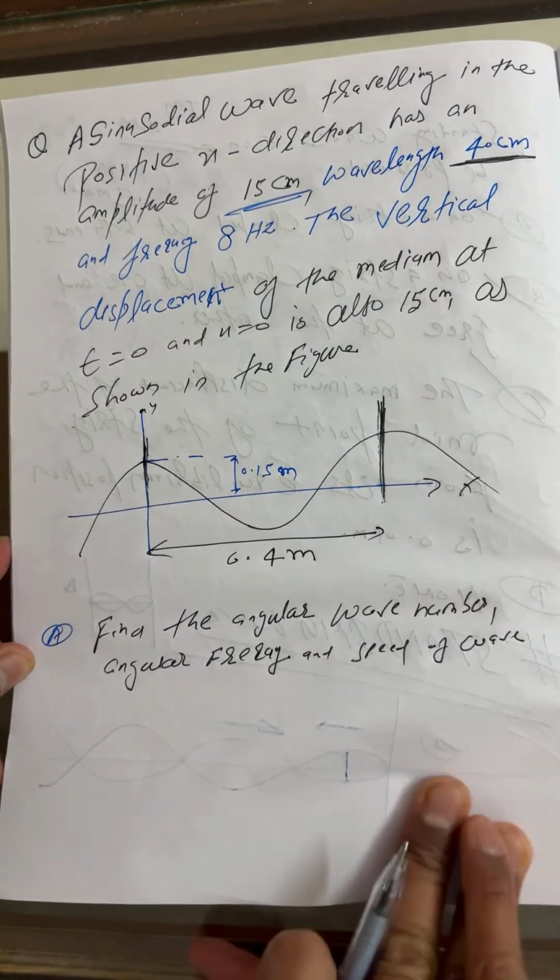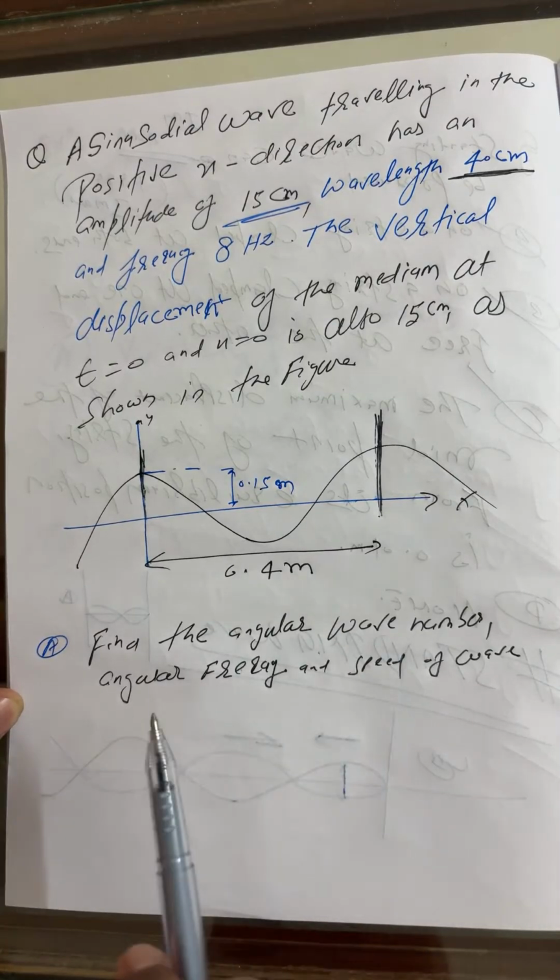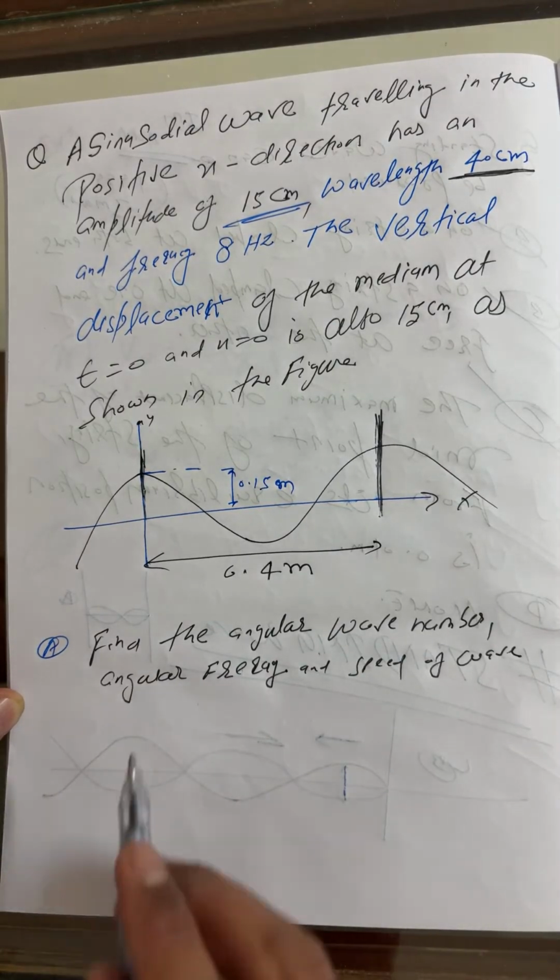Again, I'm repeating what you need to find in part 1: find the angular wave number, angular frequency, and speed of wave.